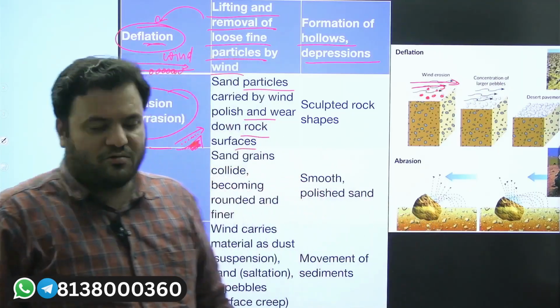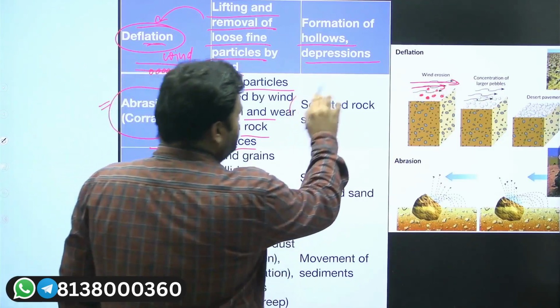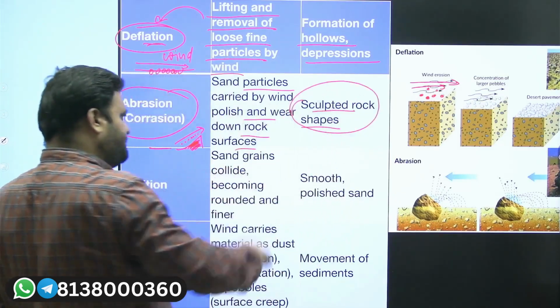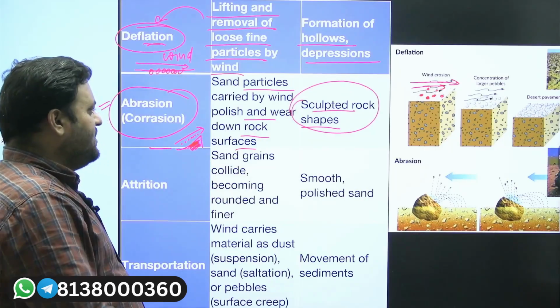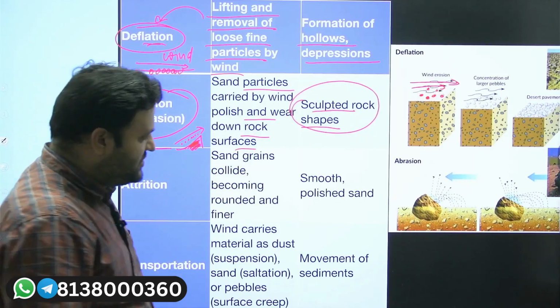That process is known as abrasion, which is responsible for modification of rock surfaces.